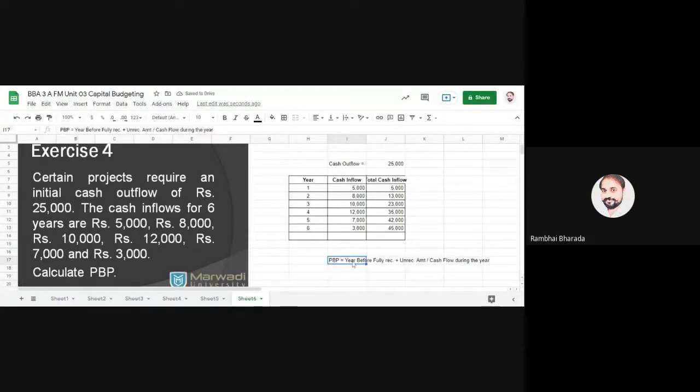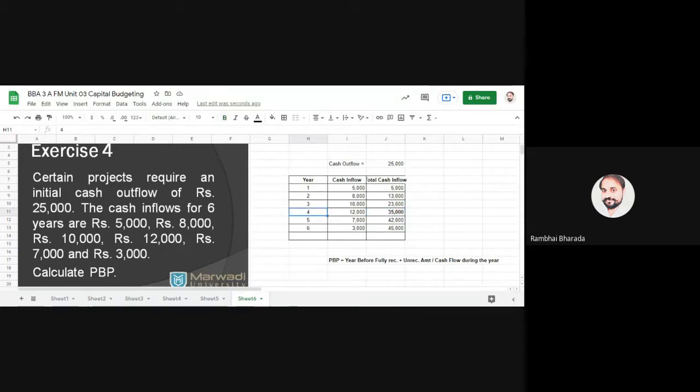Okay, now look here. Year before full recovery. In which year have we recovered the full amount? Year before full recovery, that is the 35,000 year. In the fourth year we have full recovery.